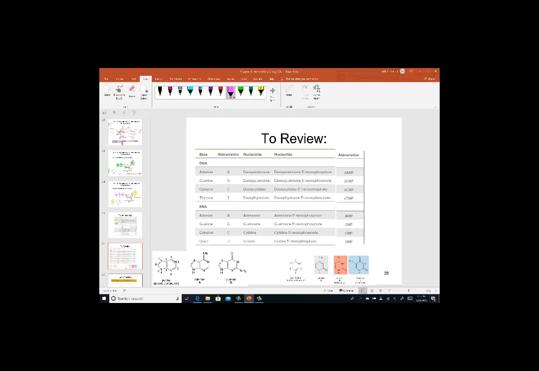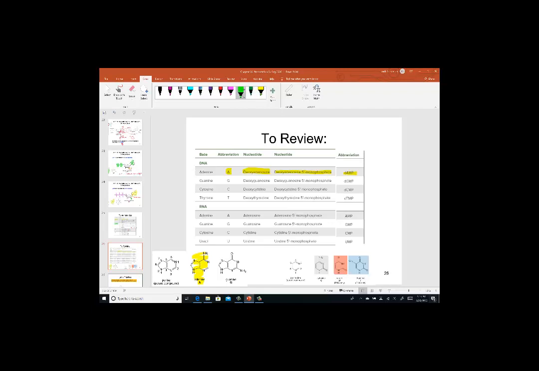A turns into deoxyadenosine, and to name it as a nucleotide with just 1 phosphate, it becomes deoxyadenosine 5'-monophosphate, abbreviated as little d AMP, deoxyadenosine 5'-monophosphate. Coming from this base, adenine.